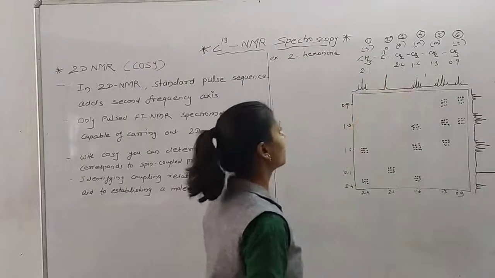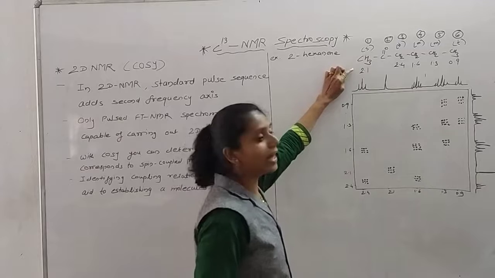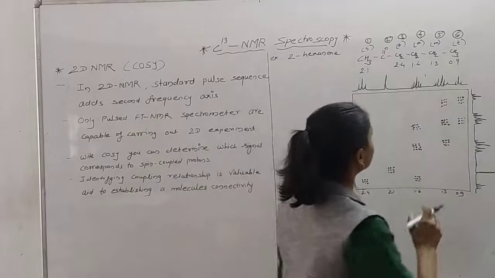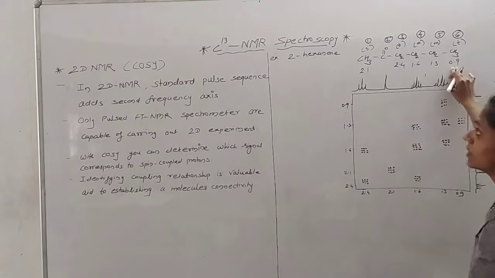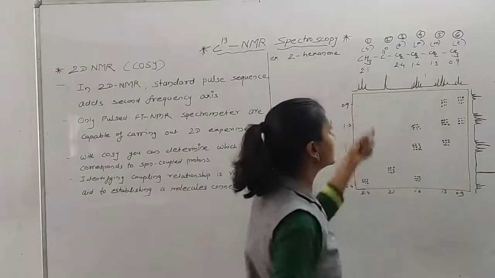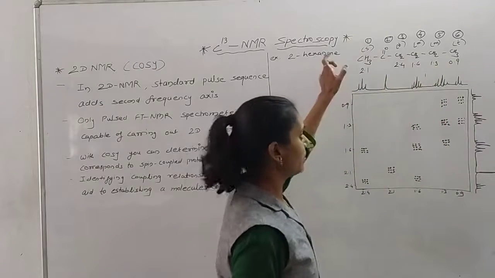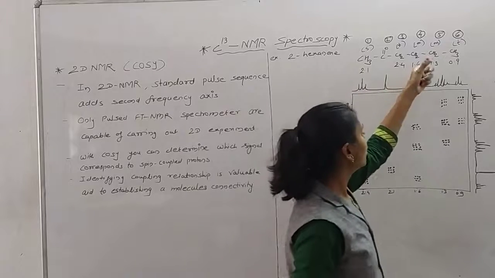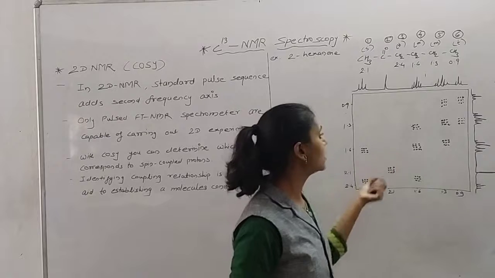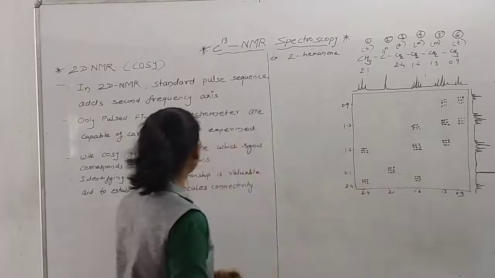I have written down some NMR values here: 0.9, 1.3, 1.6, 2.4, 2.1. These are the actual NMR values I have written here for simplification.